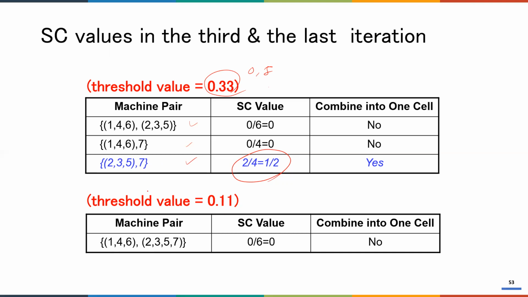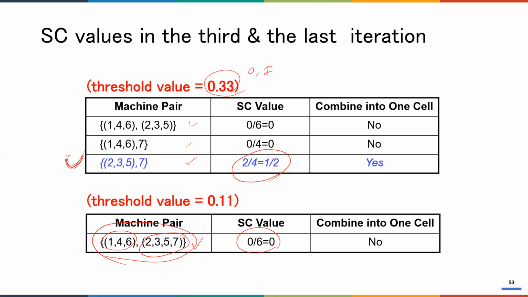So you again consider the pair. Basically, if they were made into one cell, and it turned out they are not supposed to be in one cell, so we stop here.